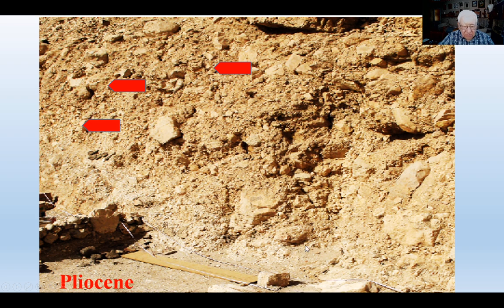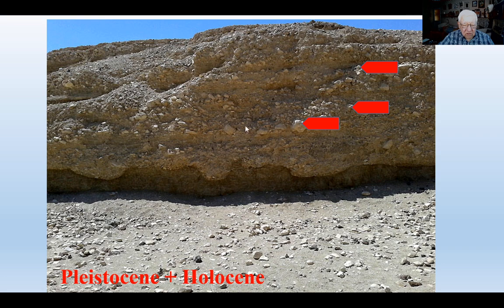And this is an example of Pliocene gravels present at the base of slopes of Theban limestones. It's not especially interesting, but there are flints at secondary position, weathered and redeposited from Theban limestones.